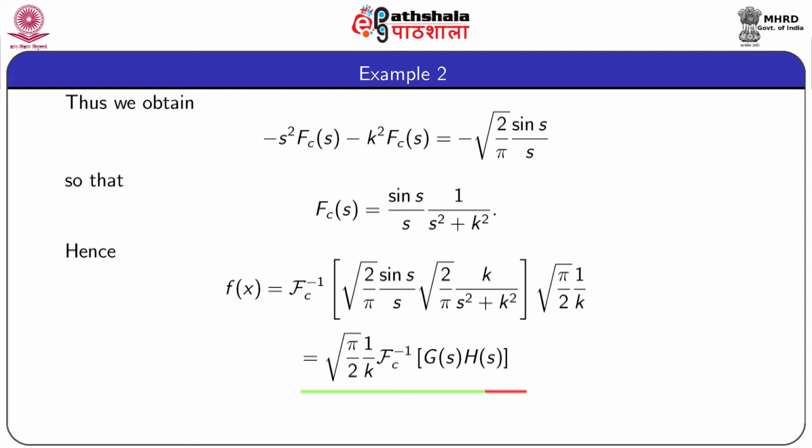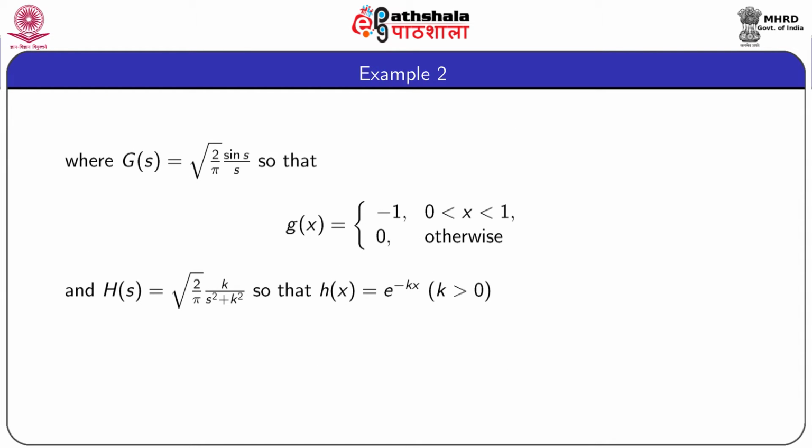Here capital G(s) is the function root over 2 by pi sin(s) by s, and we know that this is the Fourier cosine transform of the function small g(x) equal to minus 1 for x lying between 0 to 1 and 0 otherwise.